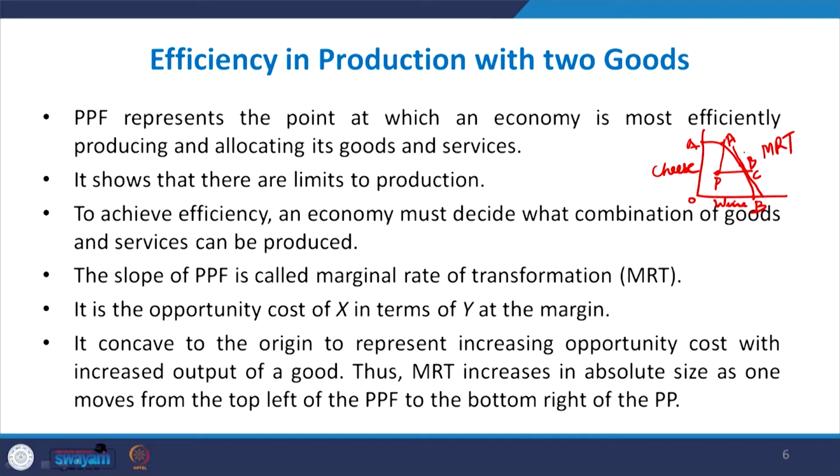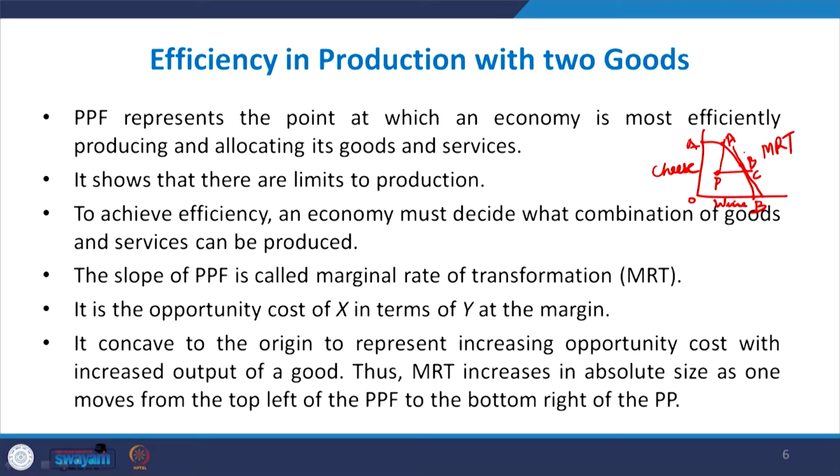It is also known as the opportunity cost of X in terms of Y, or cheese in terms of wine, and the production possibility curve is concave to the origin to represent increasing opportunity cost with increased output of a good.